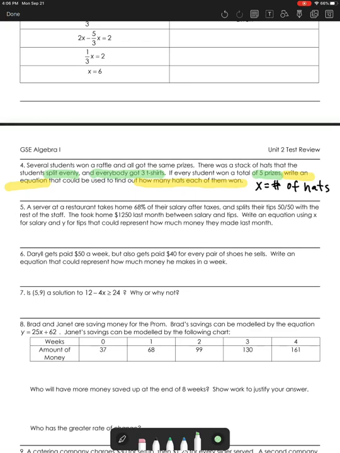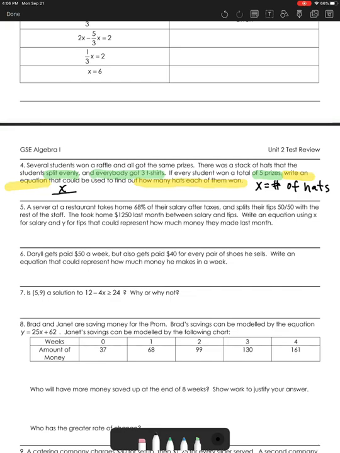Okay, so there was a total of hats, right? Total number of hats, that's our x. So that stack of hats was split evenly amongst the students, right? And so this x is being split amongst several students.